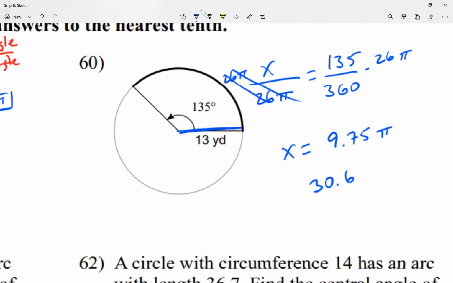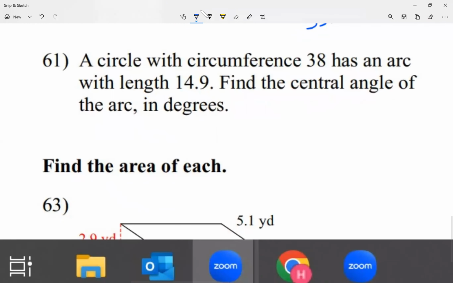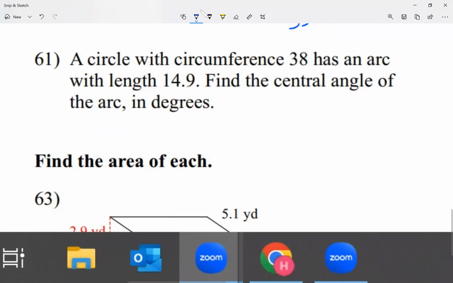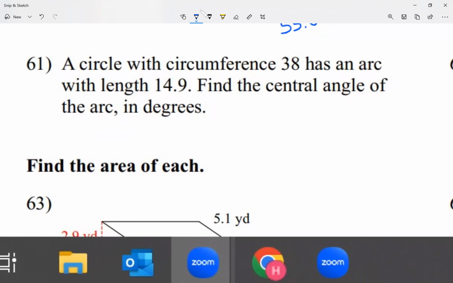Same thing with question number 61. A circle with circumference 38 has an arc with length 14.9. Find the central angle of the arc in degrees. Okay. So the arc length is 14.9 and the circumference is 38. Shouldn't I go 14.9 over 38 equals the central angle?